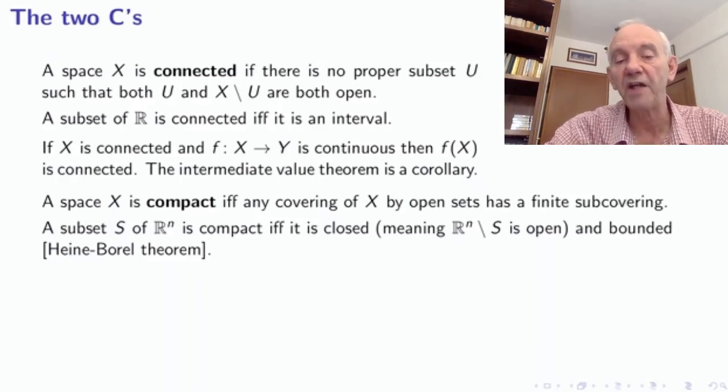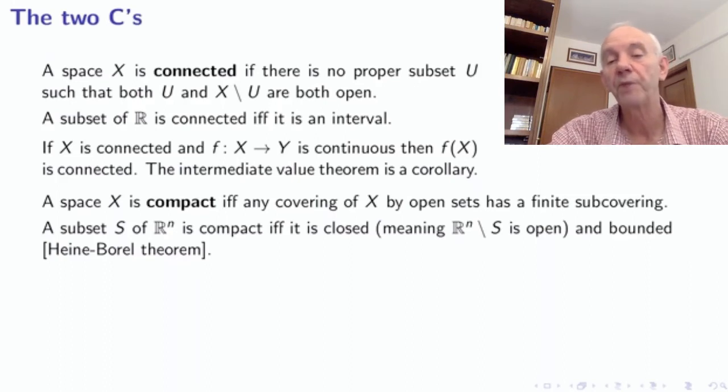In the case of R^n, closed means that the subset contains all its limit points, but really the definition for today is that closed is just the complement of an open set. And the subset has to be bounded. If those two conditions are satisfied, then the subset is compact, and vice versa. That's true when you're talking about subsets of Euclidean spaces, the so-called Heine-Borel theorem. So you can really think of compact for this module as meaning closed and bounded.